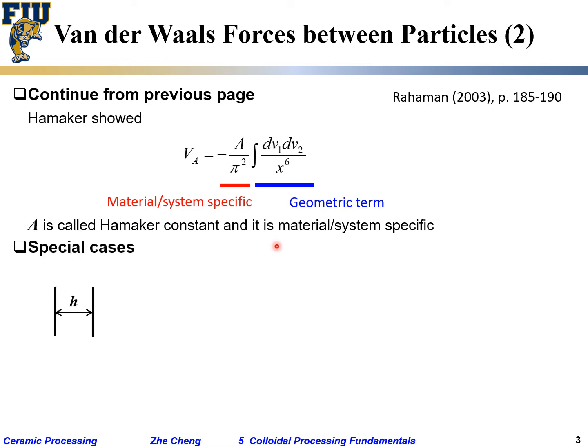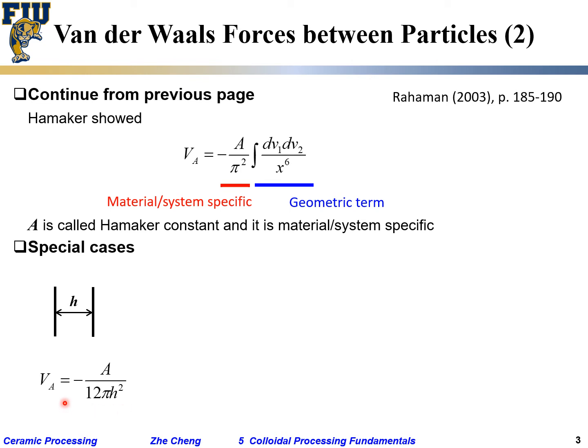Now we have special cases. If the two particles are flat surfaces separated by a uniform distance of h, people can derive the potential energy as a constant over pi h square.